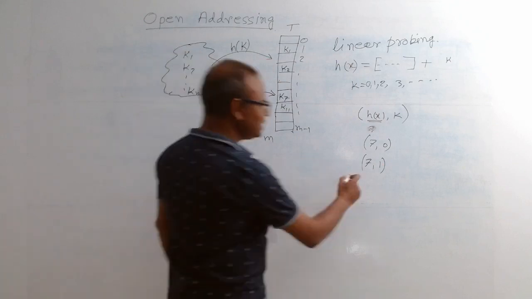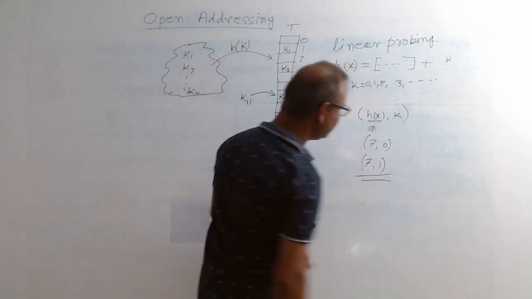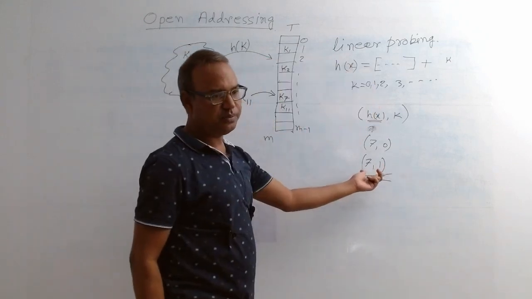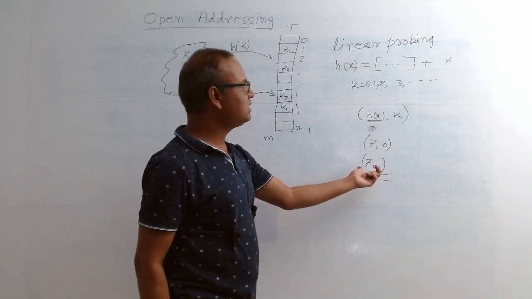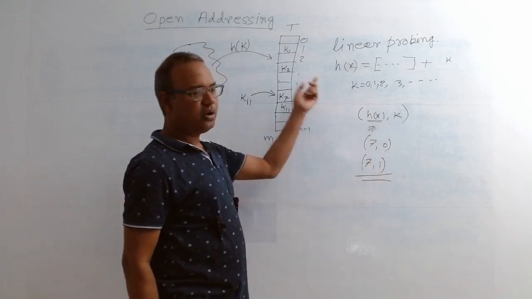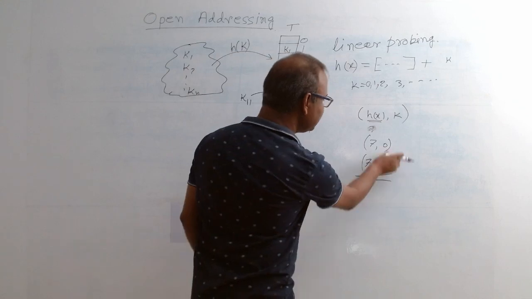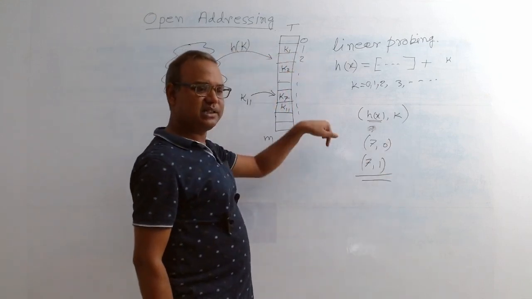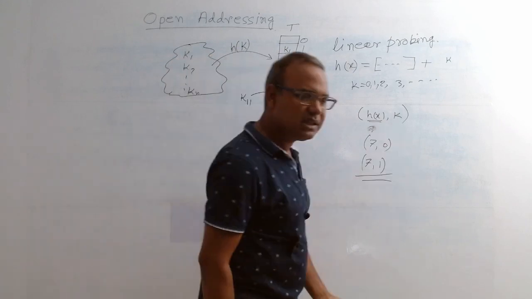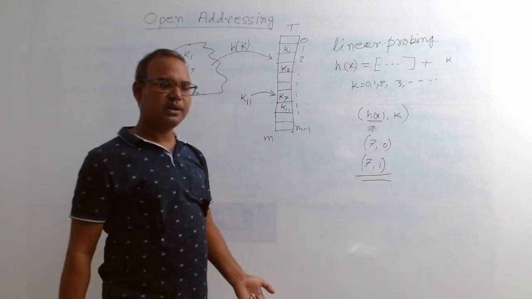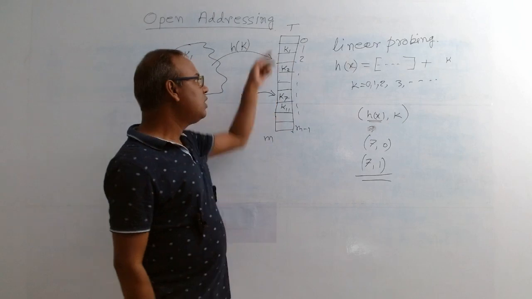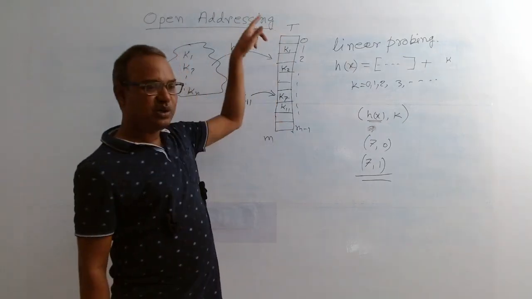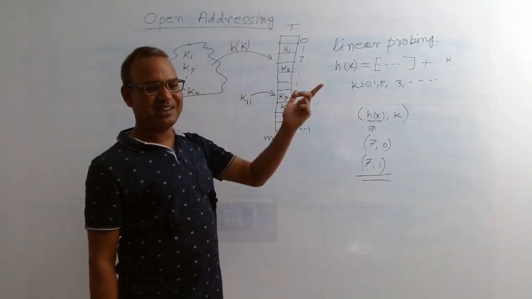In this way we can identify the index, but we have to maintain one more variable with this. That is one implementation. Or if we are not maintaining these things, we will blindly search the next location until the element is found. If the element is not found after scanning the whole table, we will say the element is missing.